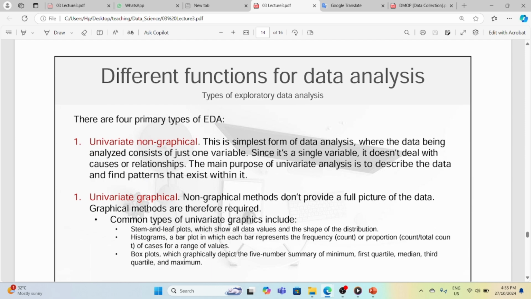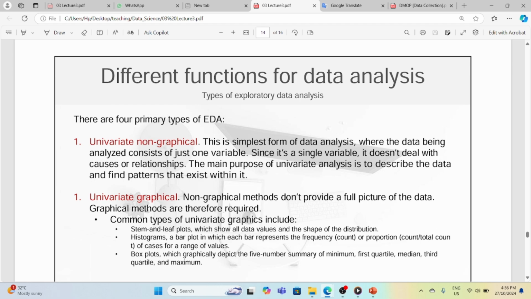Different functions for data analysis. There are four types of EDA. Univariate non-graphical. This is the simplest form of data analysis, where the data being analyzed consists of just one variable. Since there is a single variable, it doesn't deal with causes or relationships.